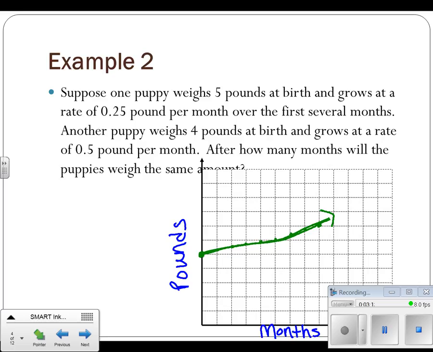And then for the second puppy, that puppy weighed 4 pounds and gained 1/2 pound every month.